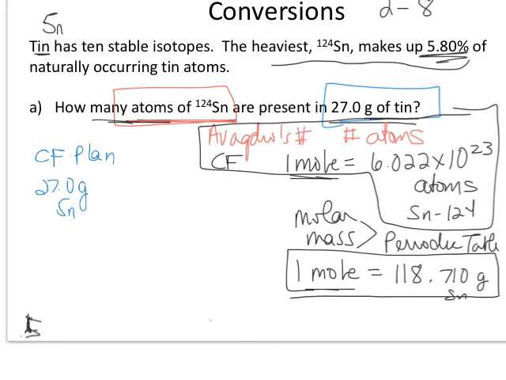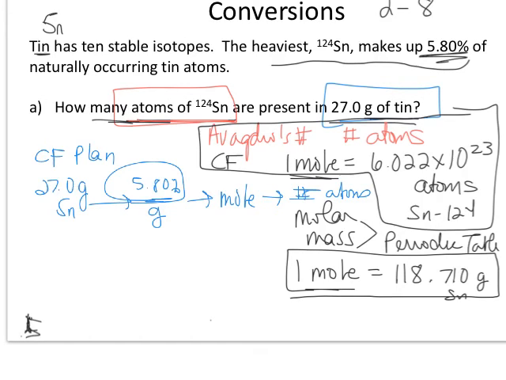And then we can go ahead and convert that to 5.80% of the 27 grams, so we're going to have to multiply that. And then we're still in grams, so we're going to go grams to moles, and then from moles to number of atoms.